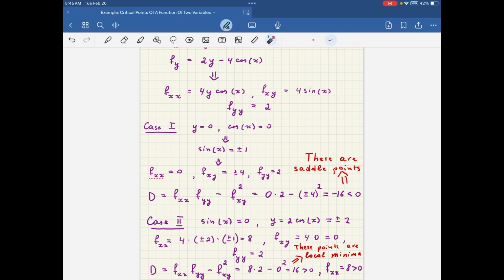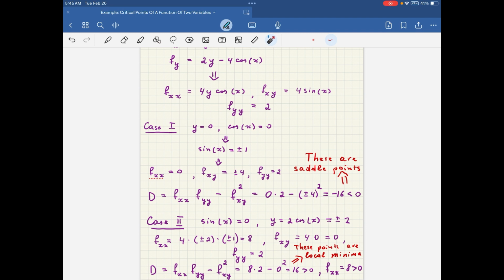Now, if the value of y is negative 2, if we choose the negative value, then that happens when the value of cosine x is negative as well. So minus goes with a minus, plus goes with a plus. And in both of these situations, the value of fxx, the second derivative of f with respect to x, comes out to be positive 8.